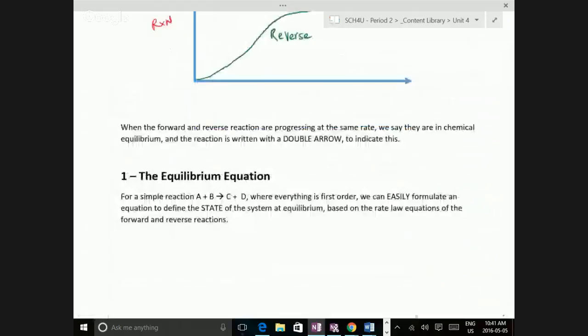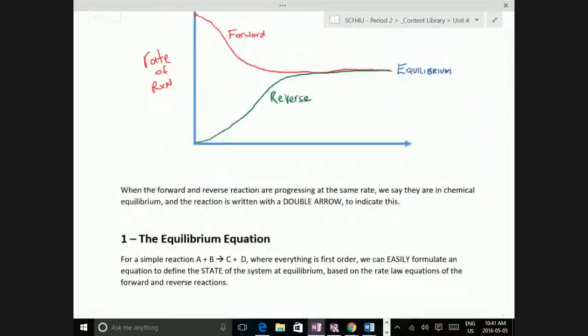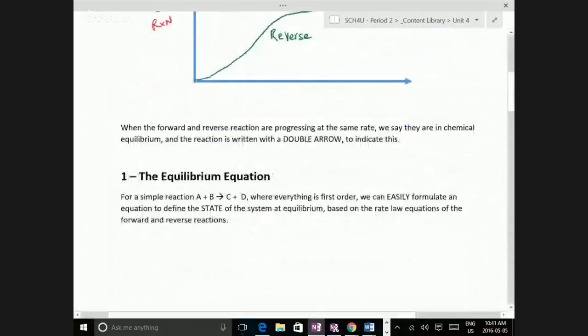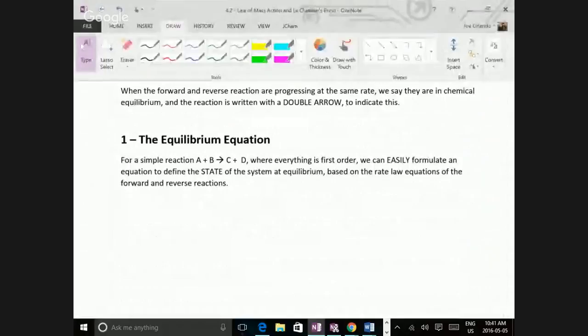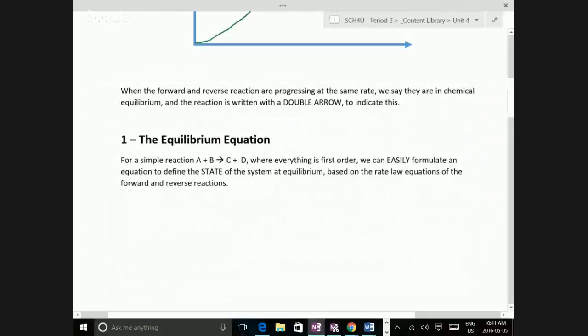Now, what I want to say is that at equilibrium, we said the forward rate is equal to the reverse rate. So at equilibrium, the rate forward is going to be equal to the rate in reverse. I want to imagine this for a nice, simple reaction.